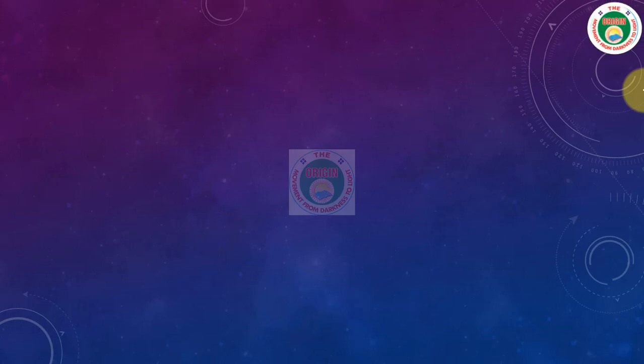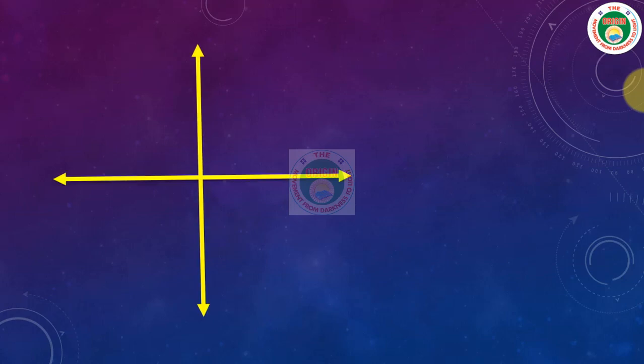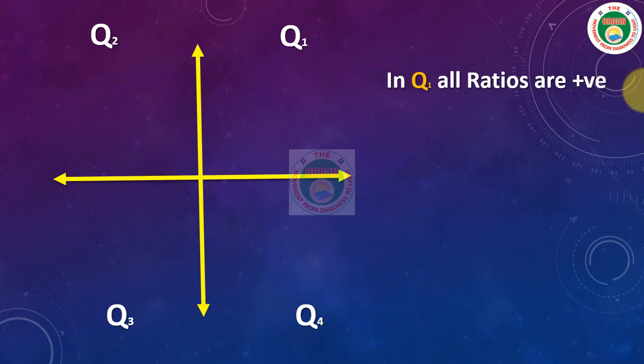Now in the previous case we discussed the angles, and in this case we are discussing the trigonometric ratios. Look at quadrant 1, quadrant 2, 3 and 4. In quadrant 1, all ratios are positive.